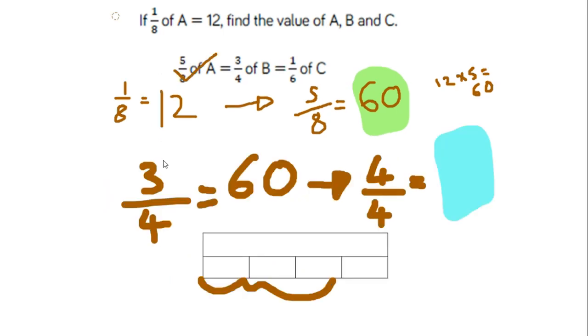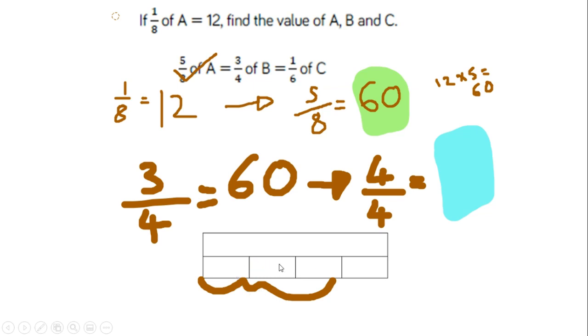Let's carry on. B. Now, we worked out that 5/8 of A is 60. So that means that 3/4 of B is 60. Look at the diagram here. Okay? If 3/4 is worth 60, look, 3 parts equals 60. What will each of these parts be worth?